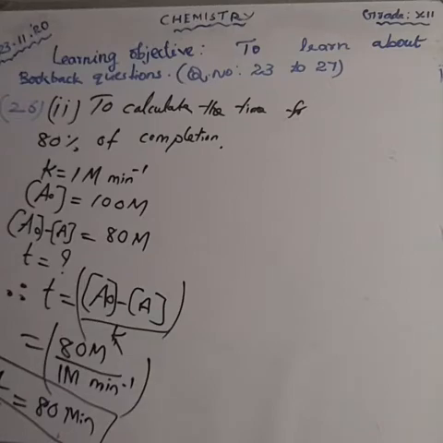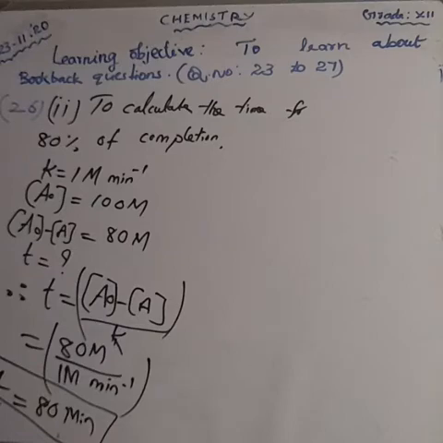We have to convert it into Kelvin by adding 273: 273 plus 40 gives 313 Kelvin.